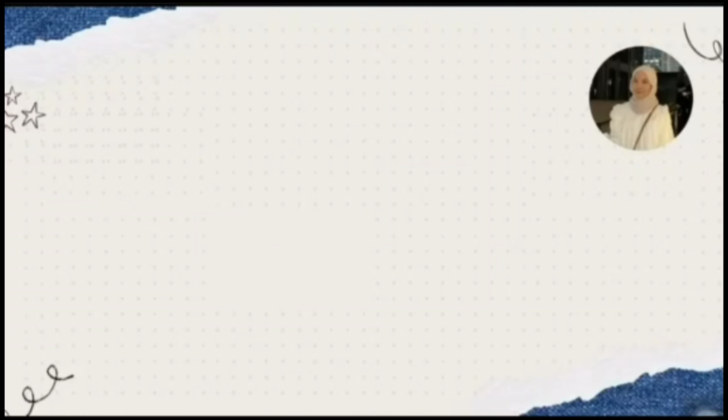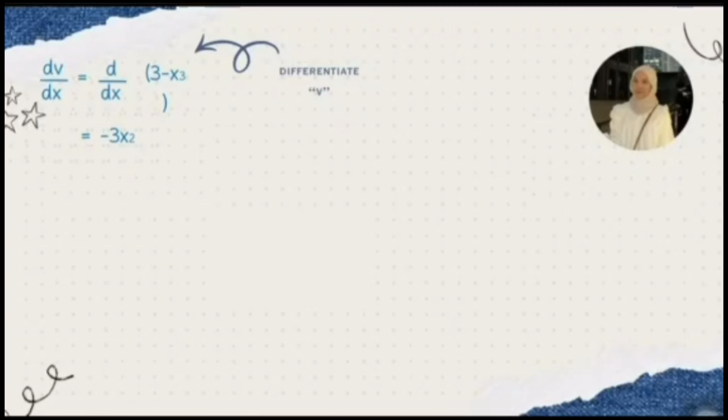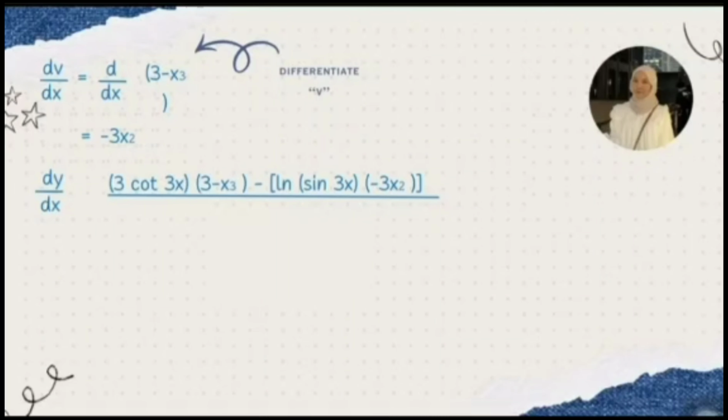Next step, differentiate v. dv over dx equals d over dx of 3 minus x cubed, equals negative 3x squared. And lastly, differentiate the whole thing: 3 cot 3x times 3 minus x cubed minus ln sine 3x times negative 3x squared, over 3 minus x cubed squared.